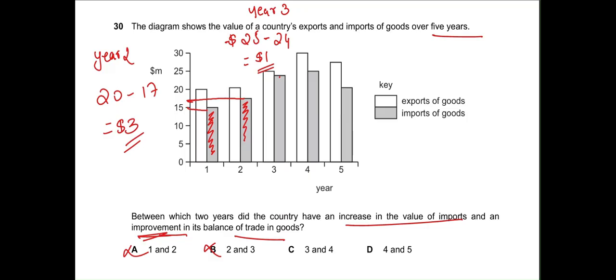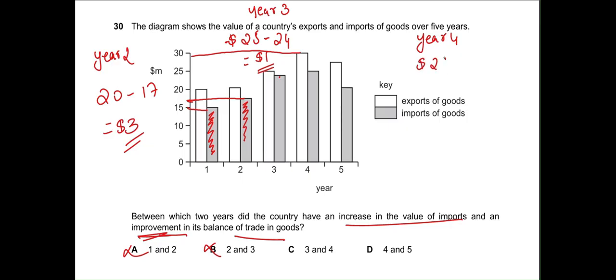So let's see now 3 and 4. Yes, here I can see some improvement. In year 4, there is an increase in the export up to, I feel, around 29 something.